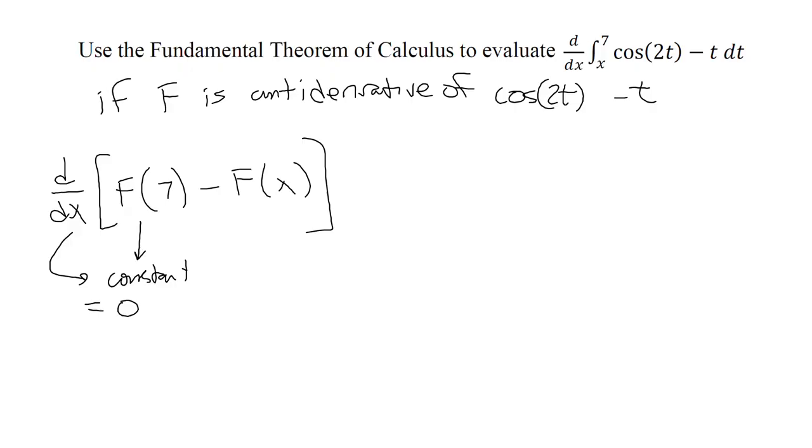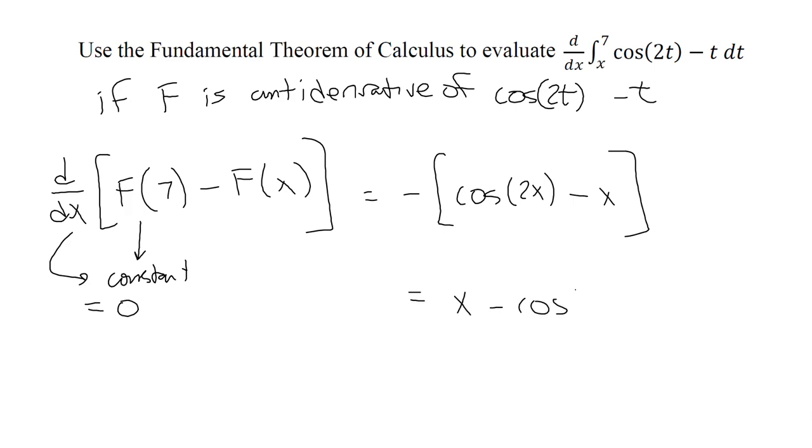So really all I'm left with is the opposite of the derivative of capital F at x. Well, the derivative of capital F at x is just my original function at x. So what we end up with is a positive x minus a cosine of 2x.